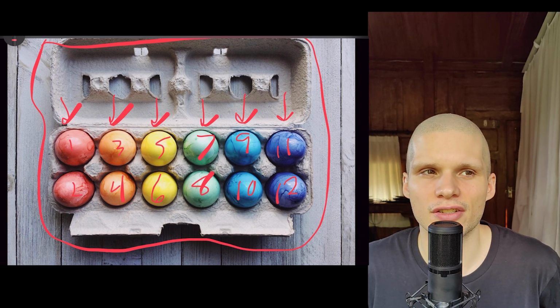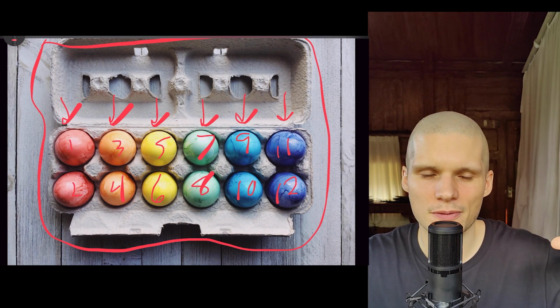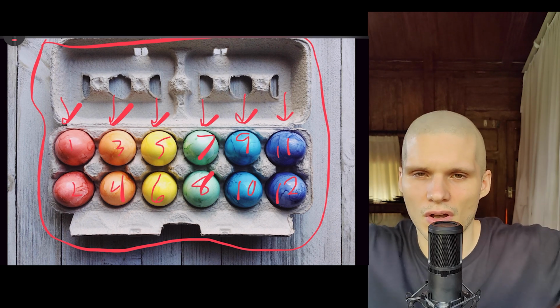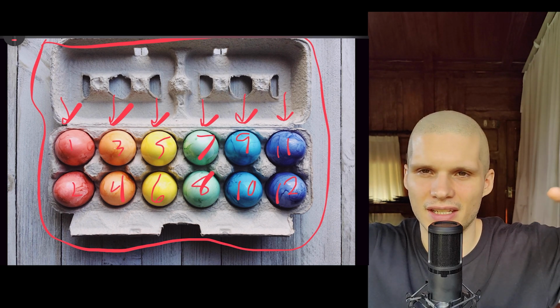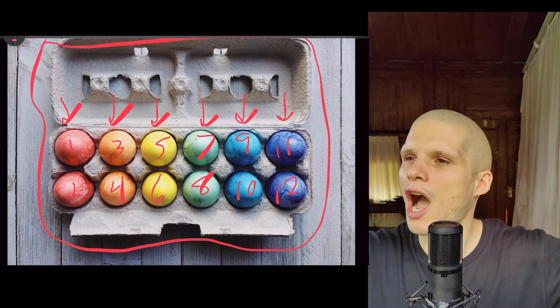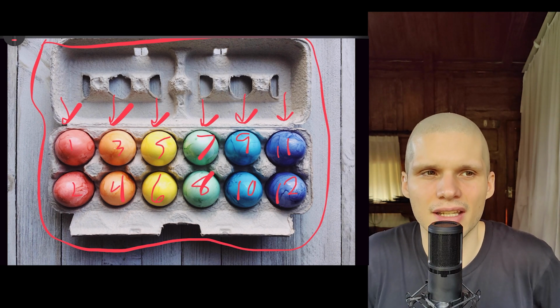So every Easter, when I was a child, I woke up in the morning and there was chocolate all over the table. Candy all over the table. And all day, I ate candy and chocolate.